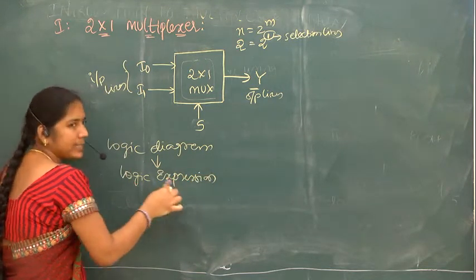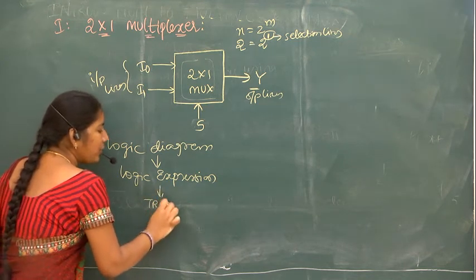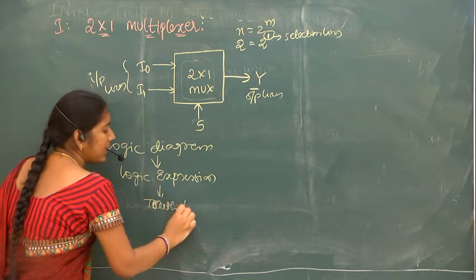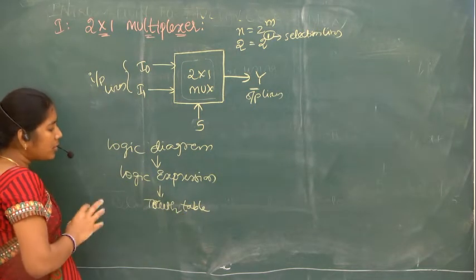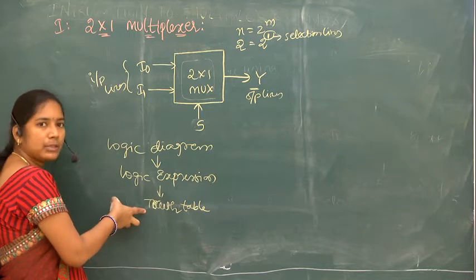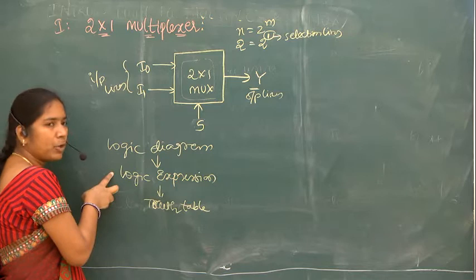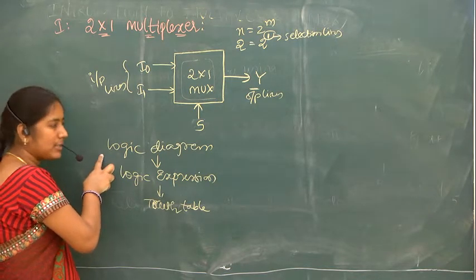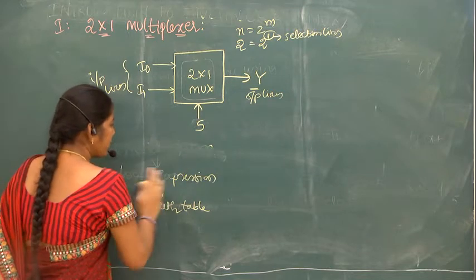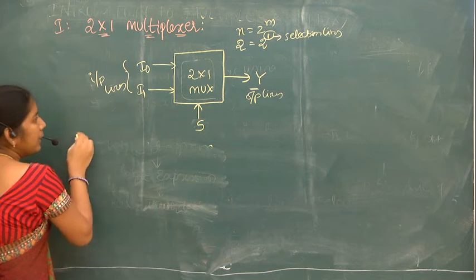And the logic expression is always obtained from the relation of inputs and output, that is nothing but the truth table. So first we need to get the truth table. Then from the truth table, we can develop the logic expression. From the logic expression, we can find the logic diagram, right? So first I'll find the truth table for this circuit.